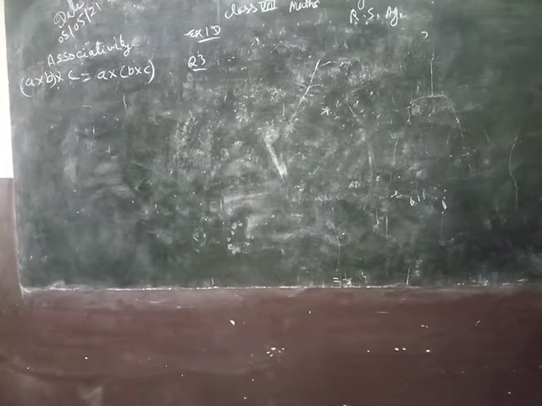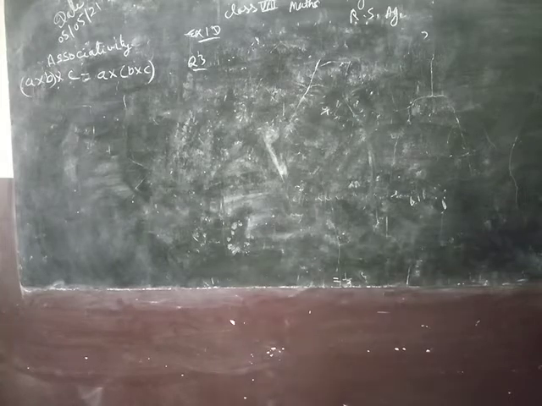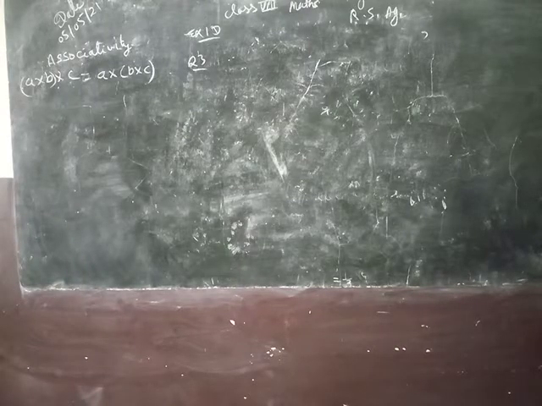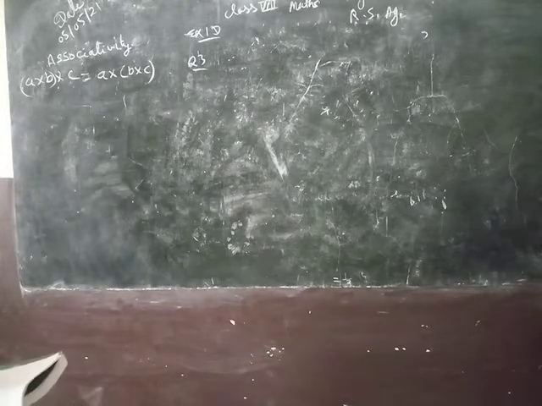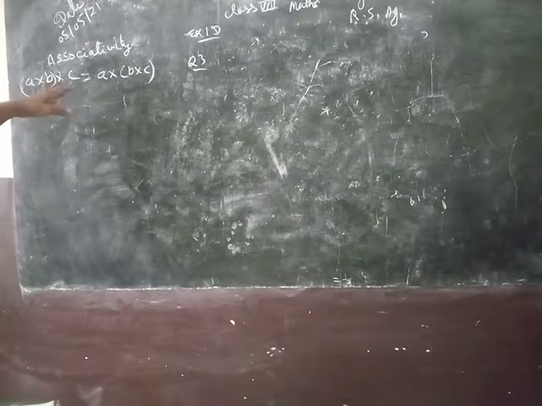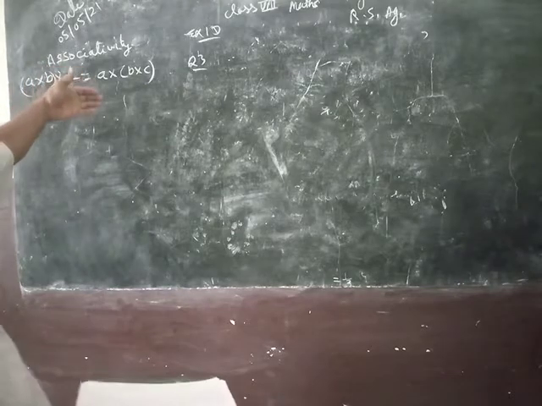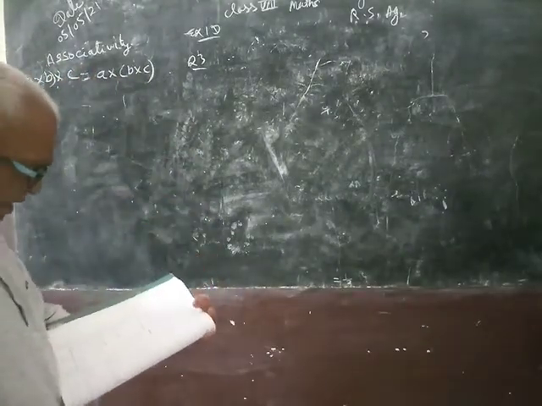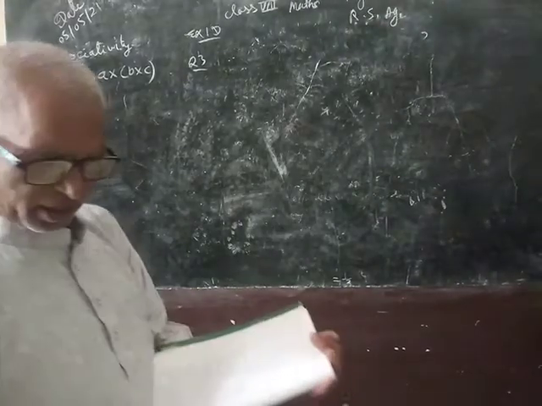See in question 3, 5 by 7 into 12 by 13 in bracket into 7 by 18 is equal to 5 by 7 into 12 by 13 into 7 by 18 in bracket. When the first two are in bracket, the third is outside. In the right hand side, the first is outside and the second and third are in bracket, and the result will come the same.